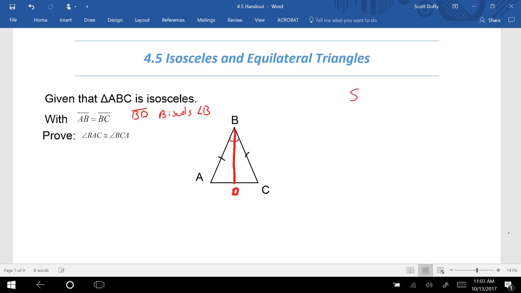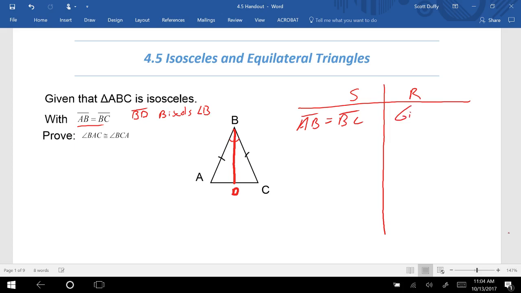So I'm going to start with my statements and my reasons. Start with AB equals BC. That's given. Then I'm going to say that BD bisects angle B. That's given.